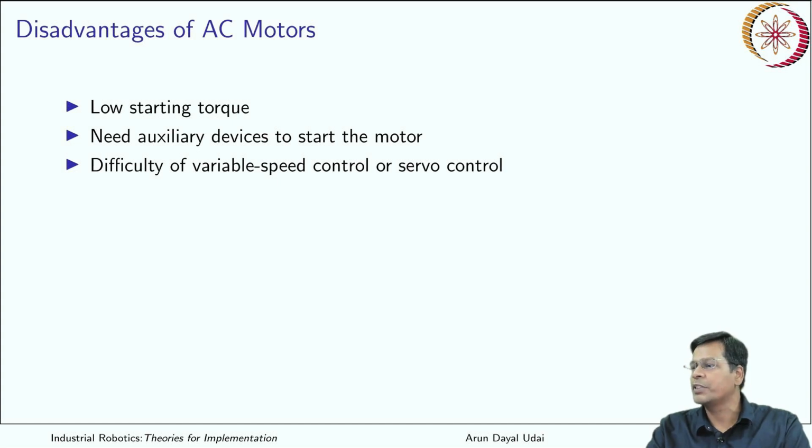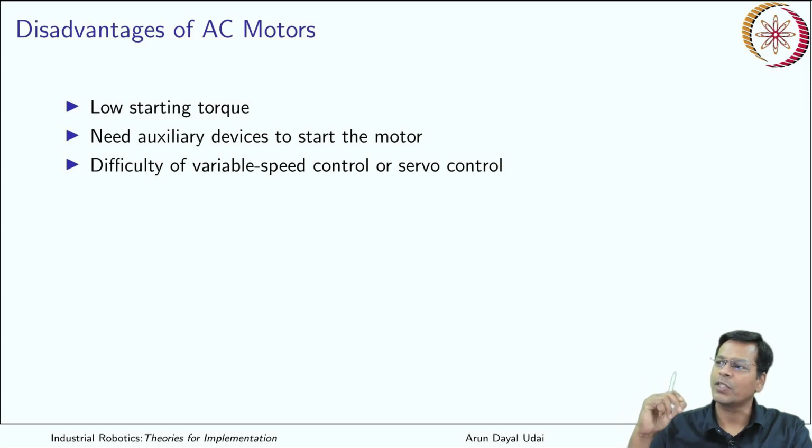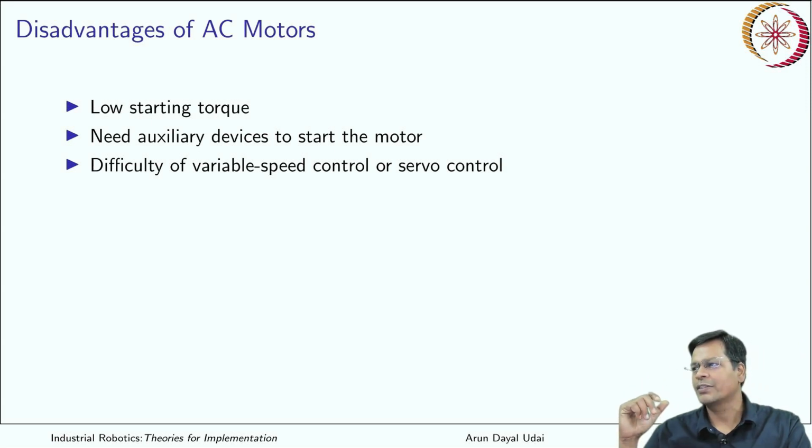Another disadvantage is the difficulty of variable speed control. Because you have a fixed frequency at home, it is very difficult to change the speed of such a motor. You must be thinking we are easily controlling the RPM of our fan. Yes, we are doing so, but we are wasting energy, sometimes in resistance, sometimes in capacitance, and sometimes we are losing torque while doing so.